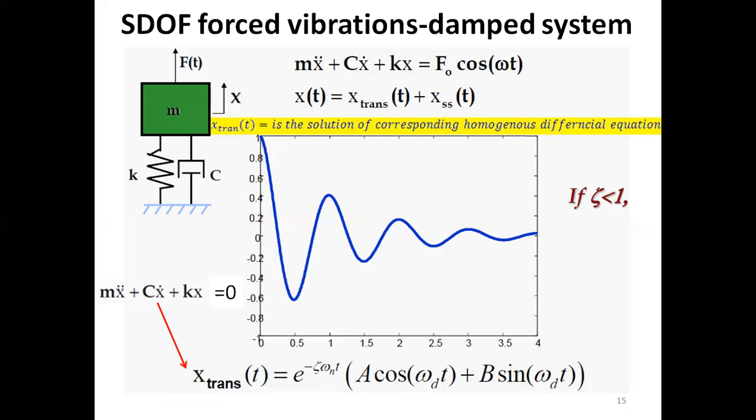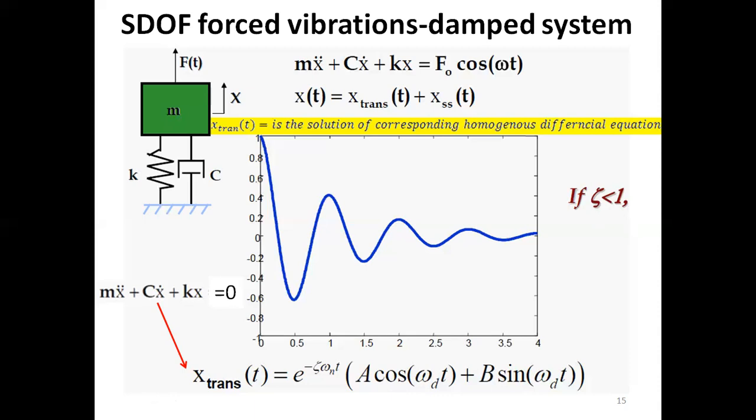Omega d is equal to omega n under the root 1 minus zeta square, where zeta is the damping ratio. But this response we are expecting when zeta is less than 1, when the damping ratio of the system is less than 1.